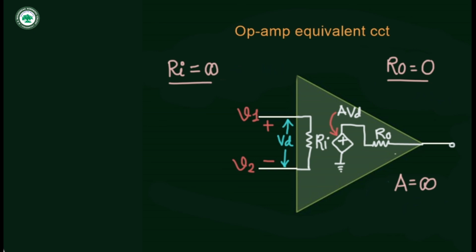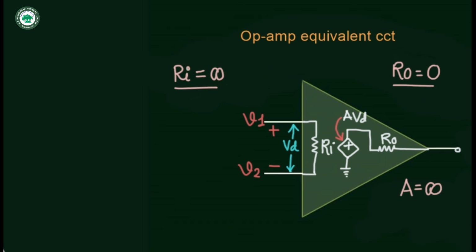In order to keep the gain from being reduced, we will have to consider this value as equal to 0, or suppose we consider a bypass from this point to this point, that is nothing but keeping this equal to 0. So that is Ro equal to 0. This is the explanation for why we generally consider Ri equal to infinity and Ro equal to 0 for any kind of voltage amplification.